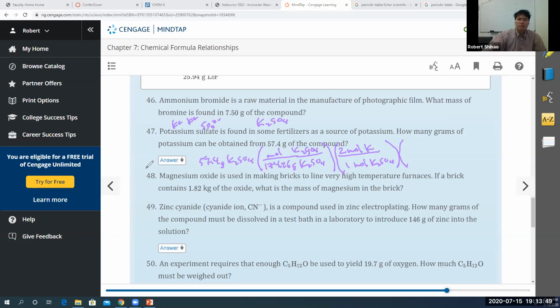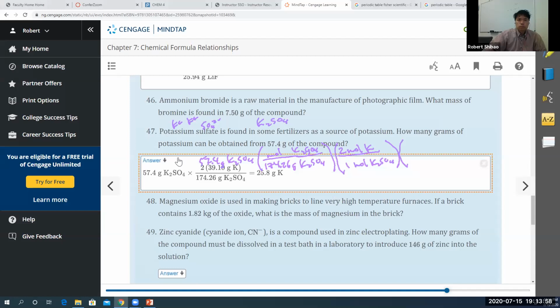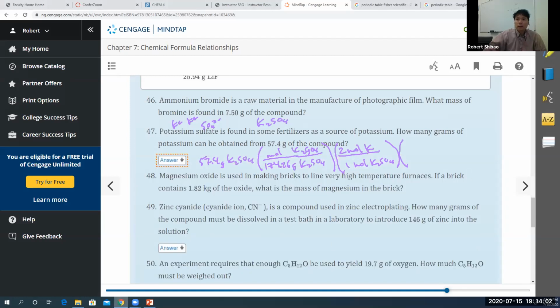The molar mass of potassium is 39.1, I think. Let me look it up: 39.10. So that's 39.10 grams of potassium for every mole of potassium.